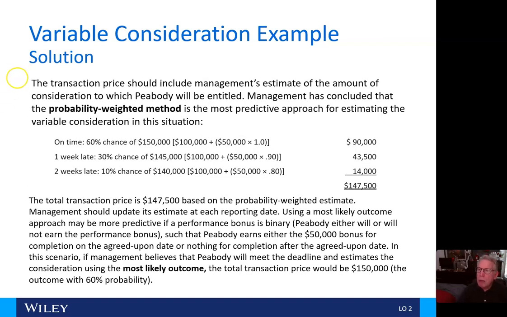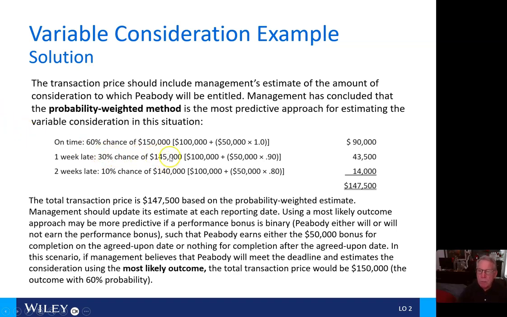Well, the transaction price should include management's estimate of the amount of consideration to which Peabody will be entitled. Management has concluded that the probability weighted method is the most predictive approach for estimating the variable consideration in this example.